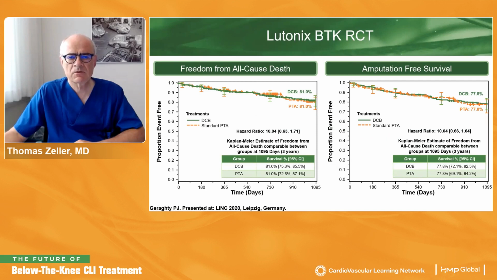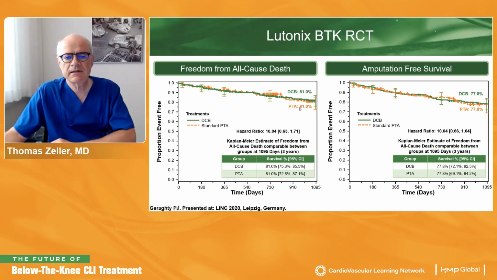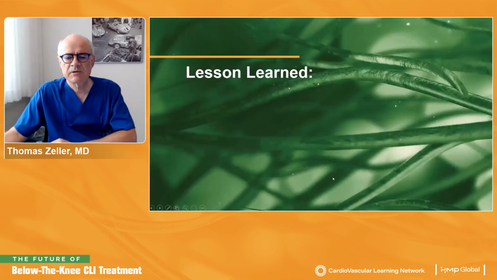If you look at all-cause death, absolutely identical survival rates, 81% for both cohorts, and also amputation-free survival, absolutely identical outcomes. So no benefit, but also no disadvantage when using the Lutonix 14 drug-coated balloon.